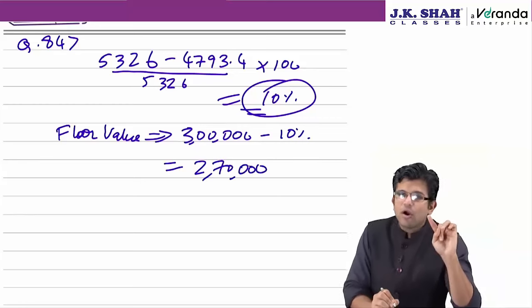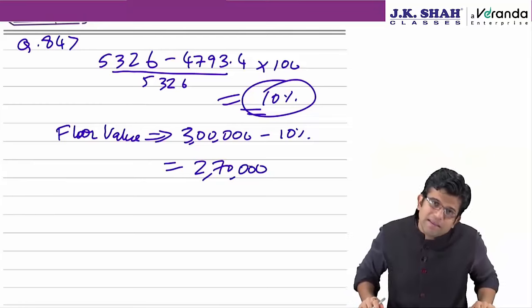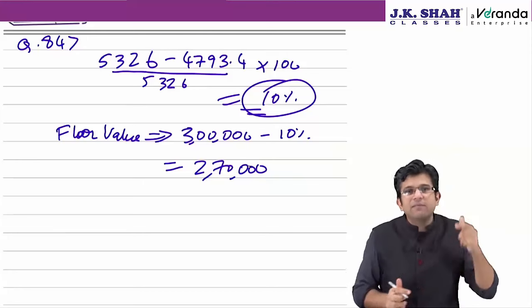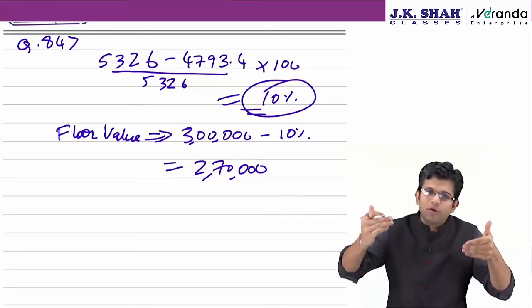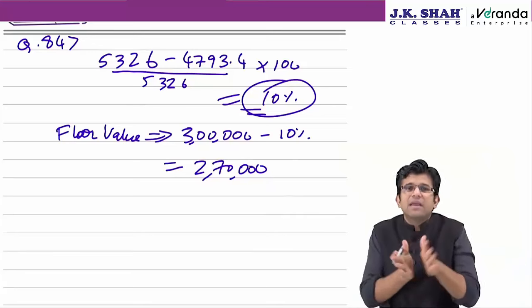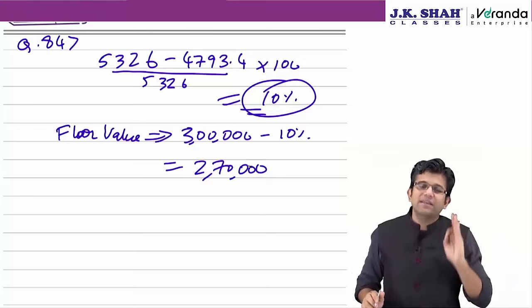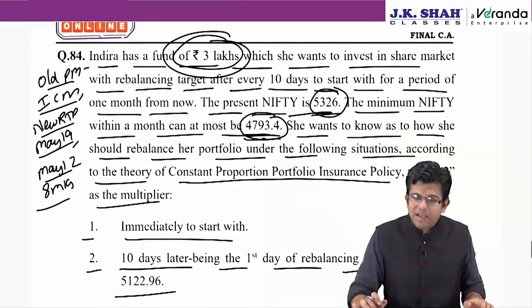That means she's saying that if she puts the entire 3 lakh rupees in the equity market, which is running in tandem with Nifty, and it can max fall by 10%, the equity portfolio will also max fall by 10%. Therefore, she is perceiving that her floor value has to be 2,70,000. Till here you understood.